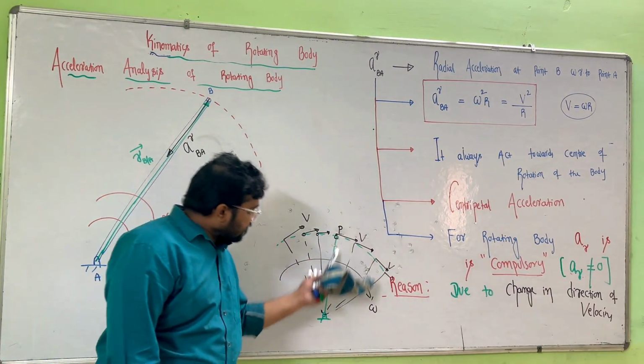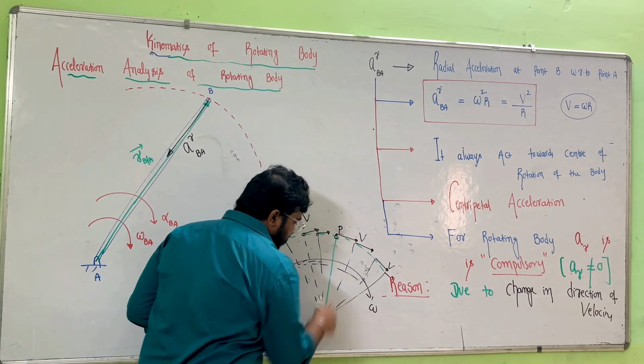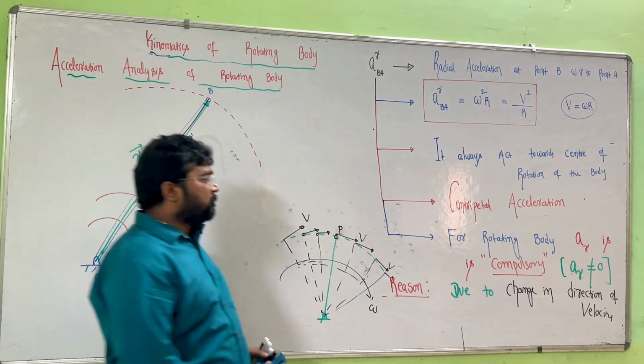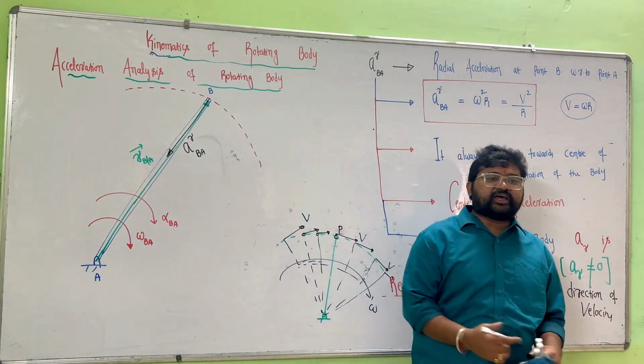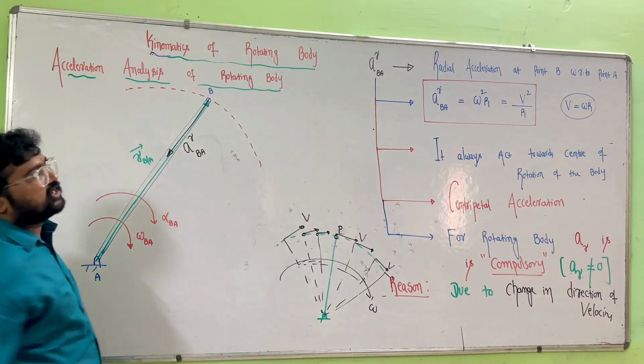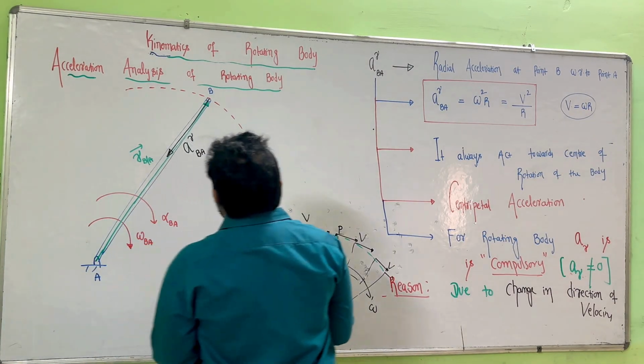Clear? For any point on the entire body, the direction of velocity is continuously changing. Radial acceleration will come. Coming to tangential acceleration.